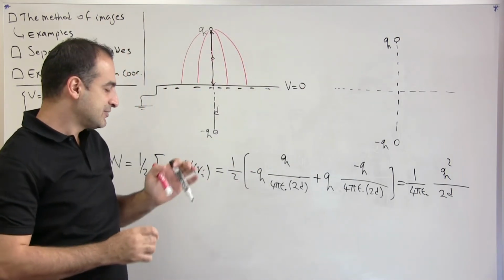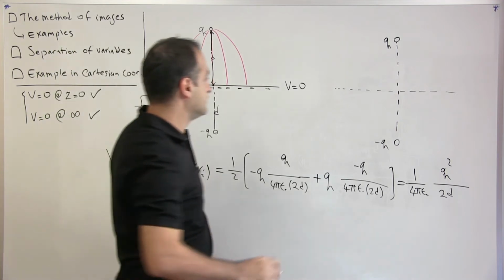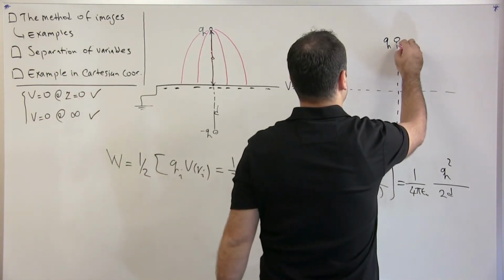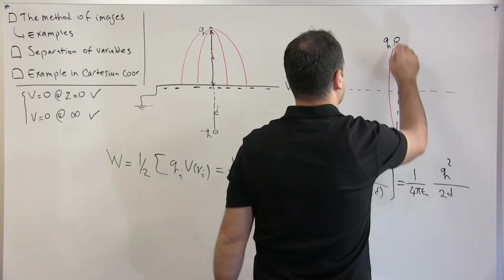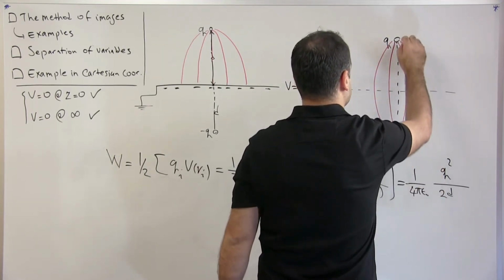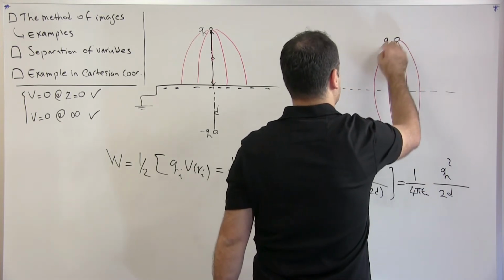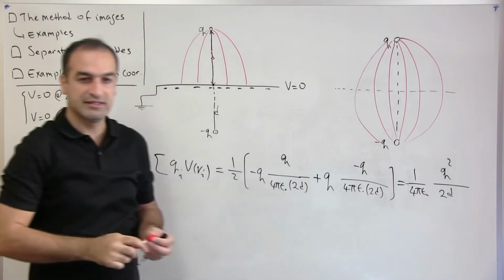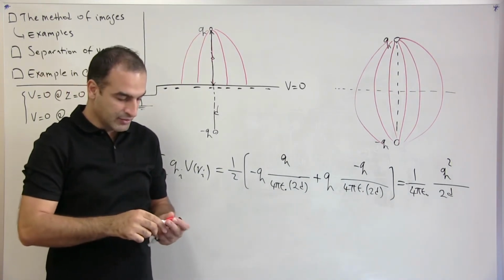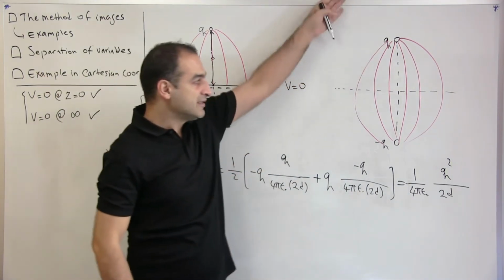But the little bit of trick is here. If you look at the field lines for this case, we have field lines extended from the positive z space to the negative z space.